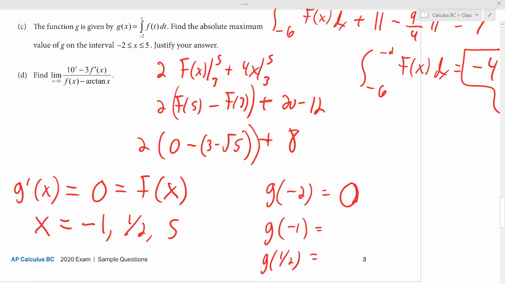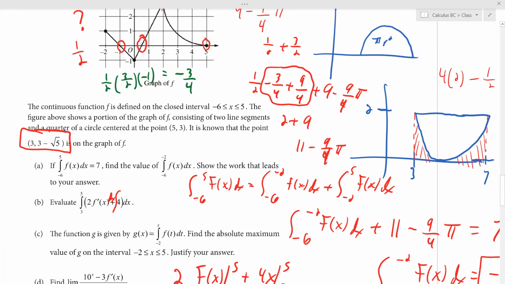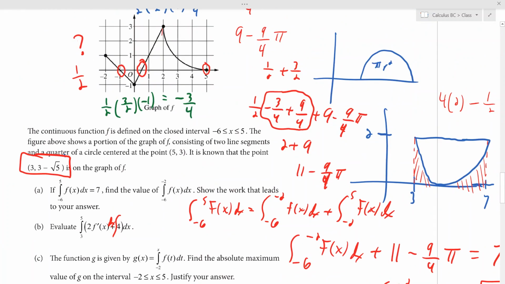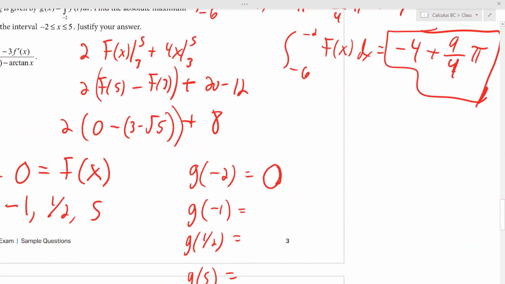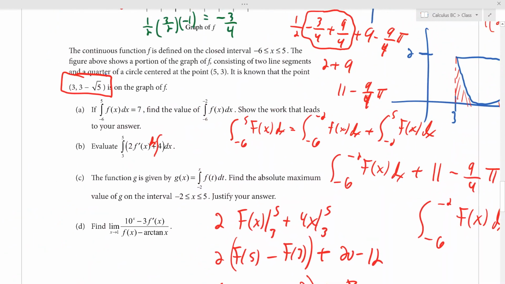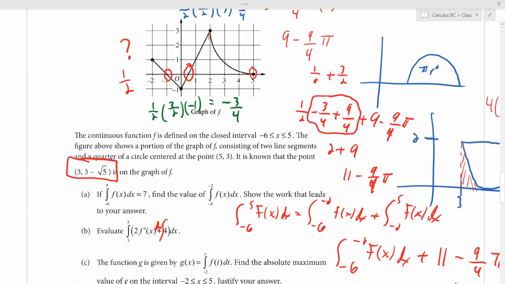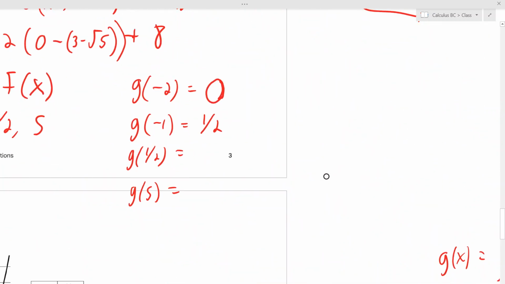So g of -1 is the integral from -2 to -1. Well, we said the area is just a half, right? So g of -1 is just a half. G of 1/2, if you go back up to my picture up here, is the area in the first triangle, 1/2, minus the area down here, which is -3/4, right? So it's a half minus 3/4.